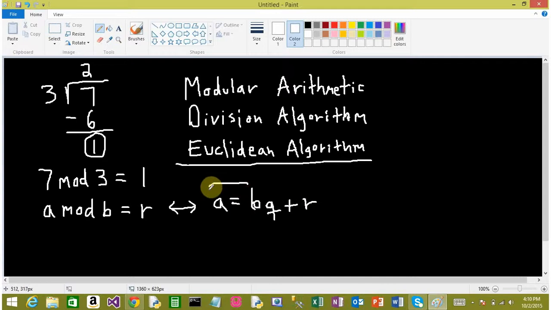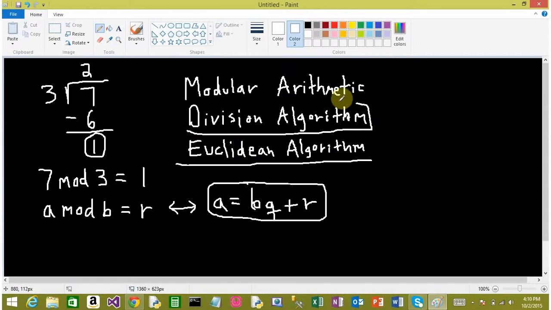And this equation is actually known as the division algorithm.